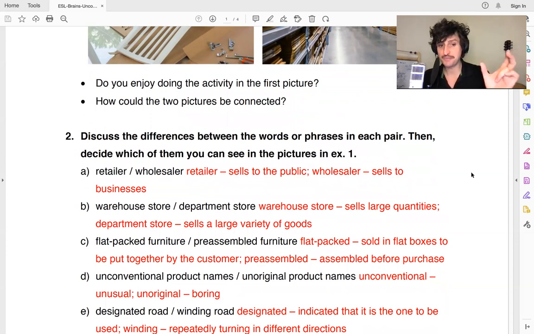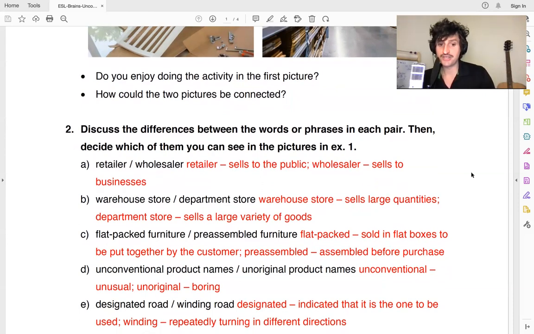So we have flat-packed furniture, and this one is sold in boxes so that the customer puts them together. So the customer builds it, you just buy the box, and then you have to do the work. And then we have pre-assembled furniture, and this means that the store assembles it, builds it, puts it together, and then you buy it, and you don't have to build it.